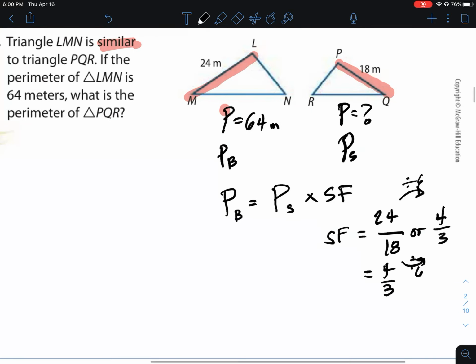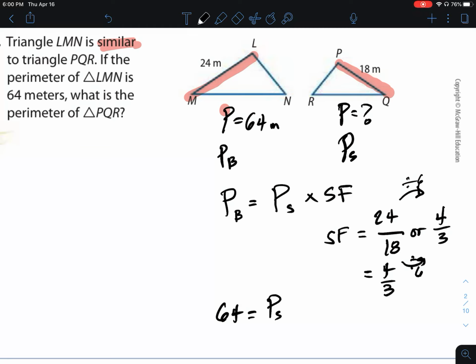So going back to our formula, the perimeter of the big triangle is equal to the perimeter of the small triangle times the scale factor. Let's substitute. The perimeter of the big triangle is 64. The perimeter of the small triangle, we don't know, so let's make that still perimeter of small triangle.